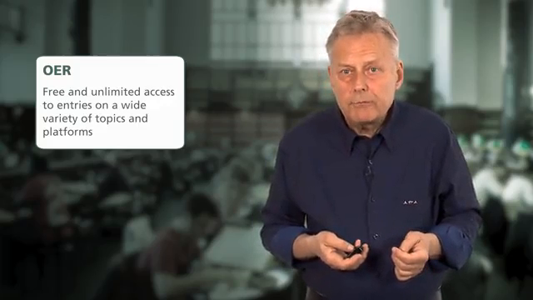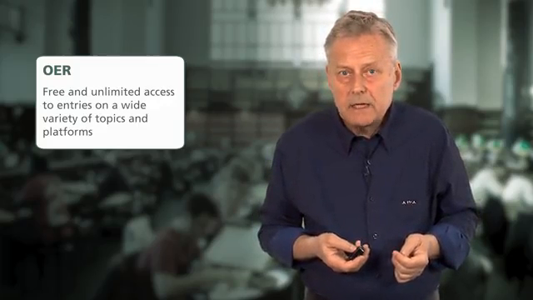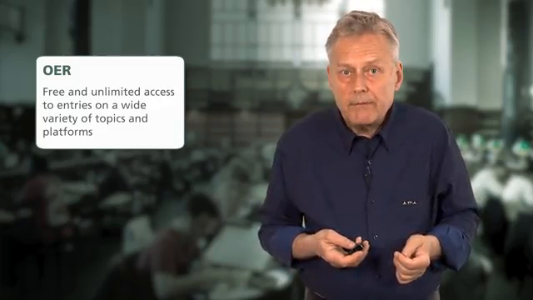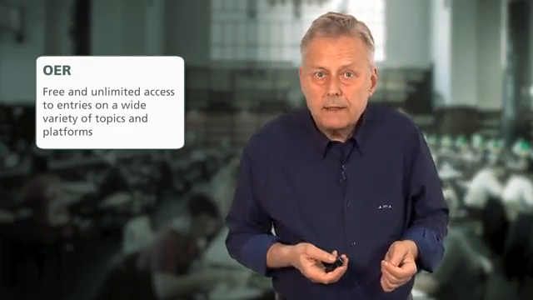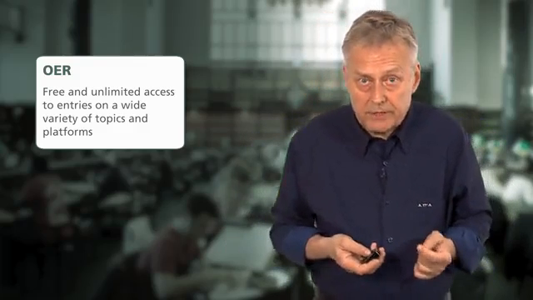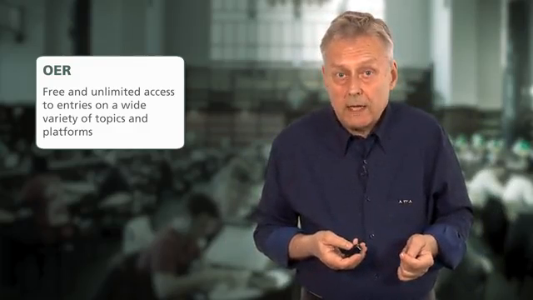OERs offer free and unlimited access to entries on a wide variety of topics and on a wide variety of platforms, for example, the OER Commons platform. You use reference works partly to look up terms, facts and concepts, and partly to gain inspiration for further searches.